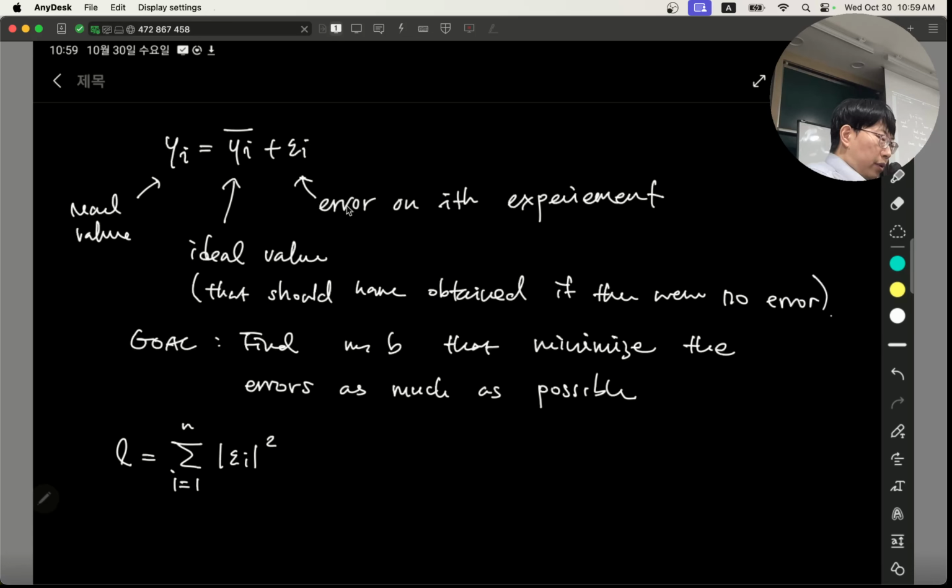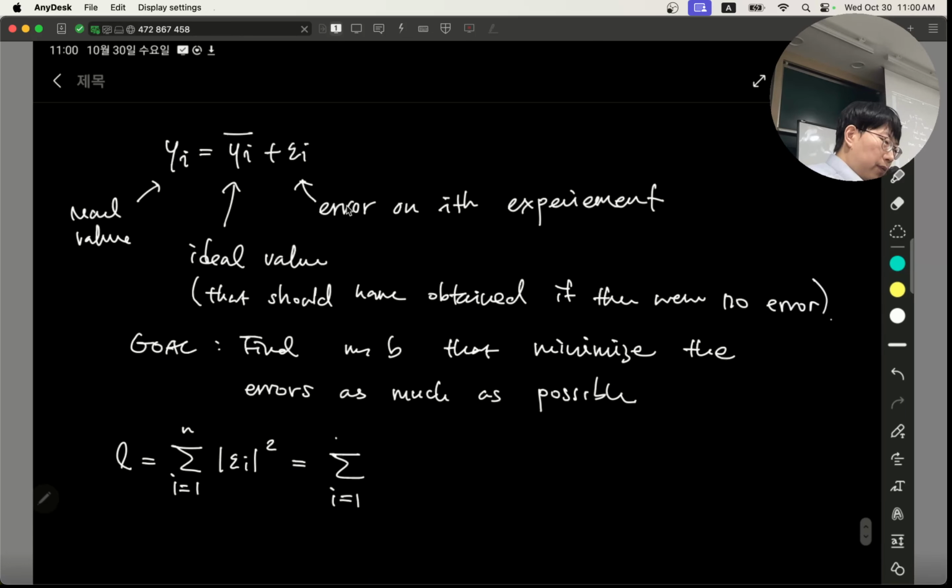So what is the formula here? You should understand that we don't know what the error is yet. We only know that the error is the difference between the real values and the ideal values.